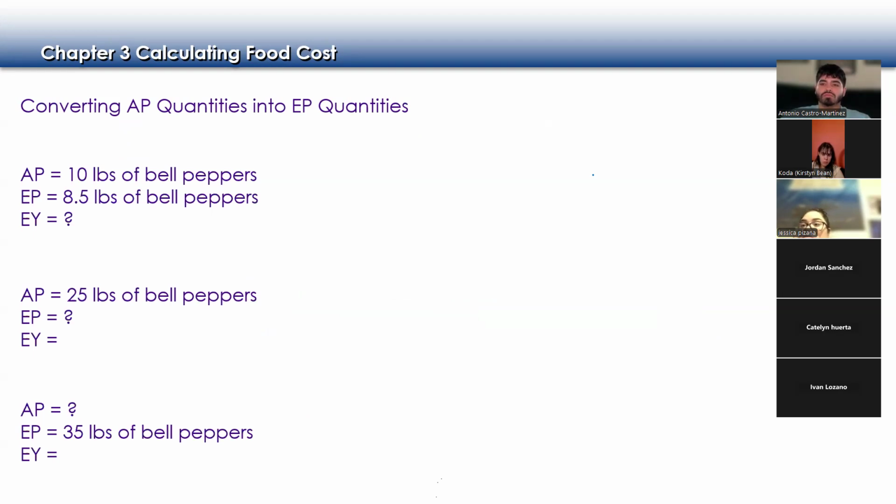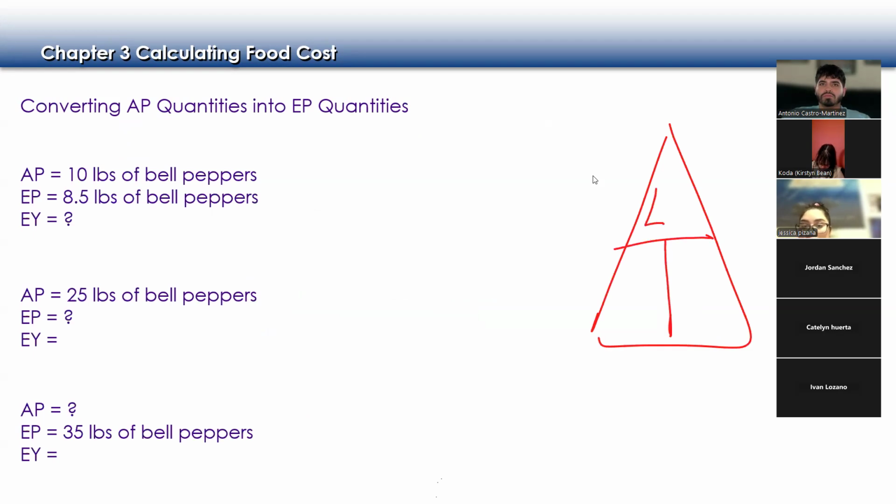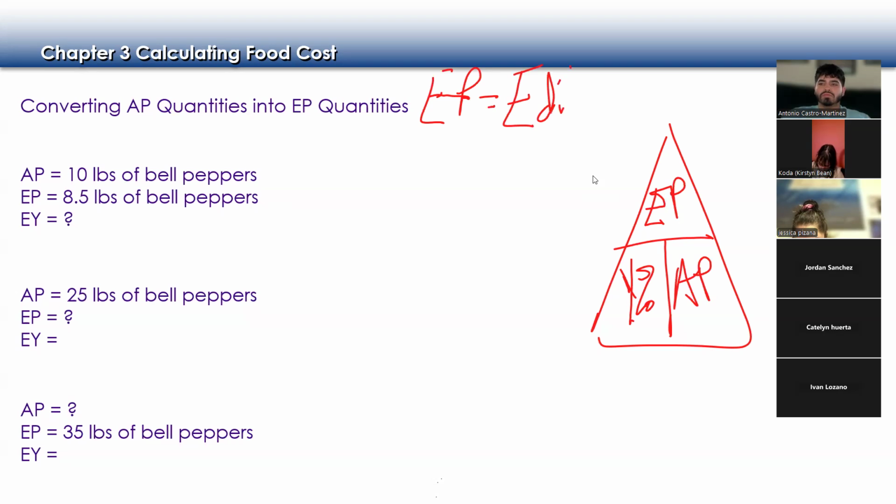All right. So in your notes, this is going to help you with your homework assignment, so I would take notes for this. Edible yield and as purchased. EP is equal to edible portion.